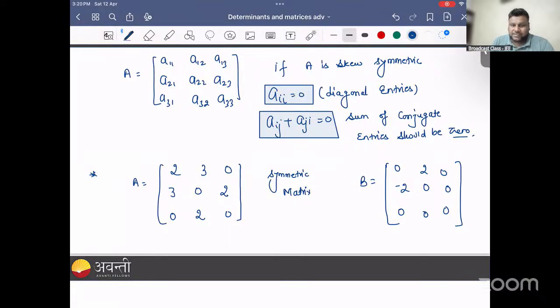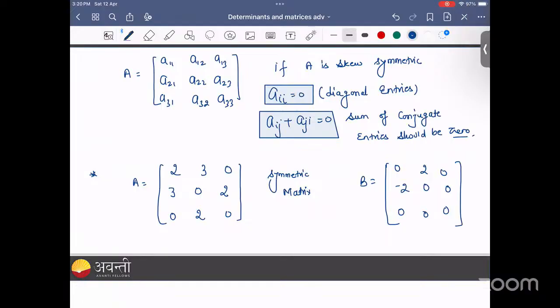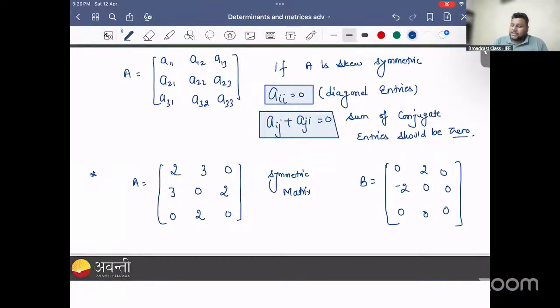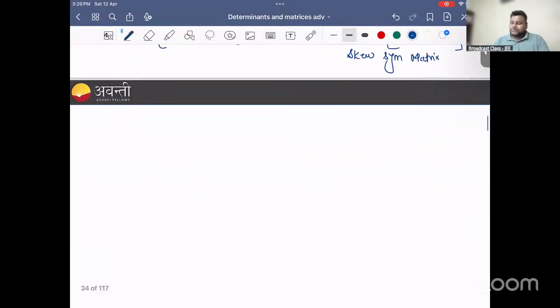Skew symmetric. Skew symmetric matrix. Very good. Diagonal entries are 0. Sum of conjugate entries is also 0. So this is a skew symmetric matrix. Correct?